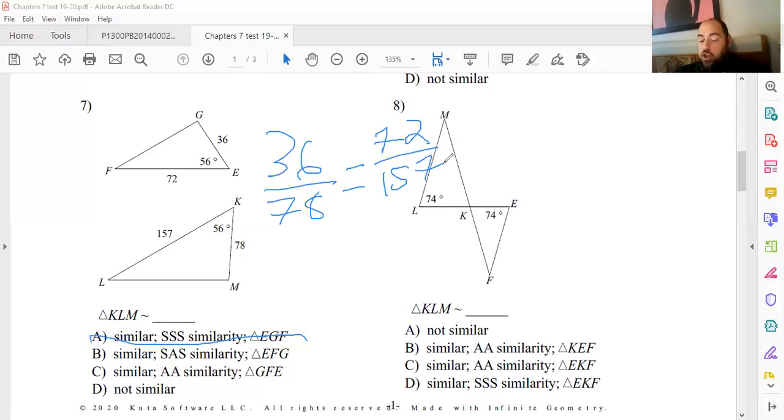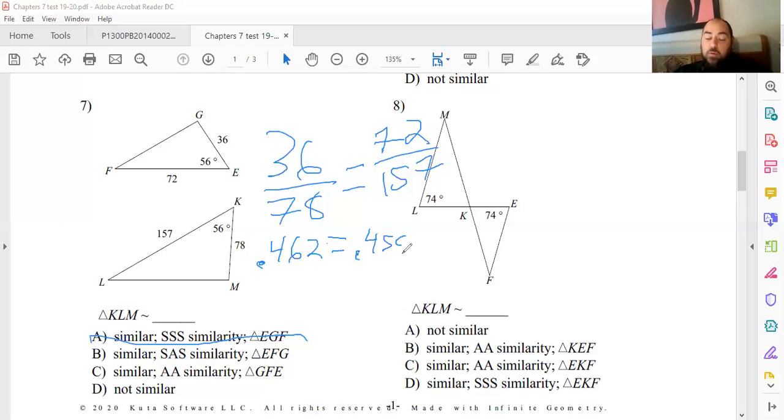So 36 divided by 78 gives us 0.4615, 0.462. And when we do 72 divided by 157, we get 0.4585. So that gives us 0.459.